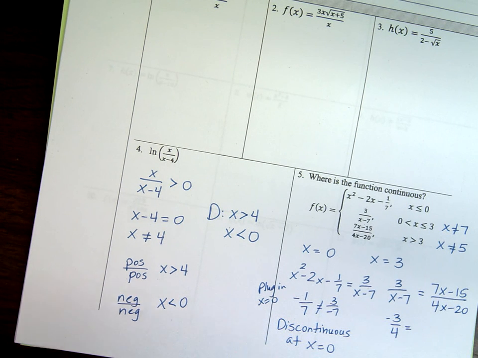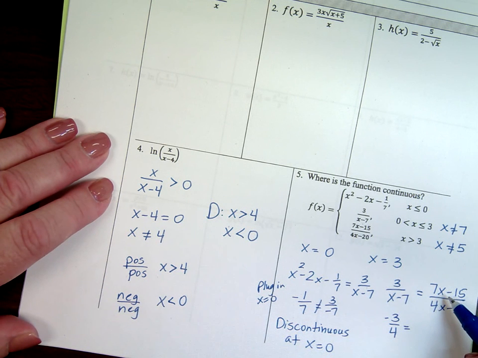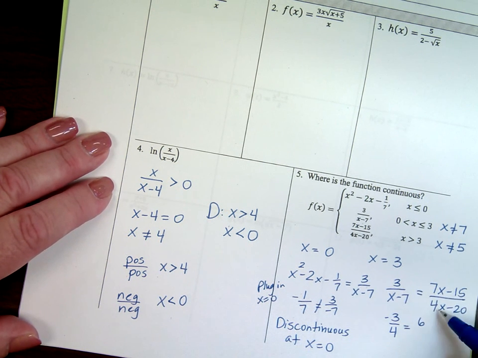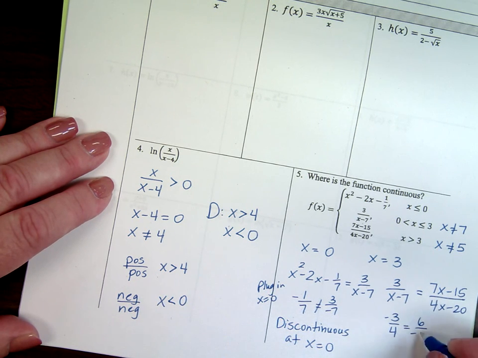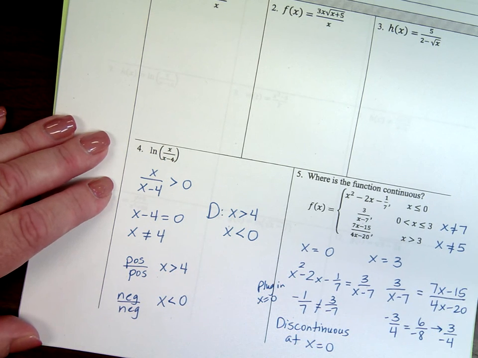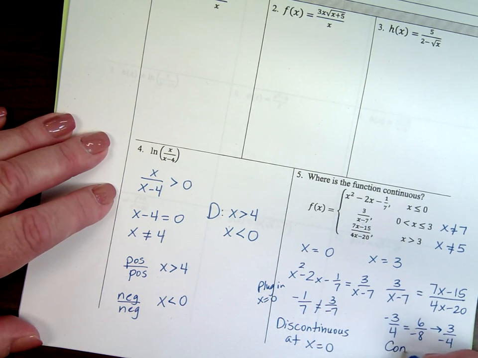If I let x equal 3 on the other side, I get 21 minus 15, so that's 6. And if I put a 3 in here, I have 12 minus 20, which gives me a negative 8. Are they equal to one another? Well, 6 over negative 8, if you reduce it, 2 goes into those, so there's my negative 3/4. So this place, it's continuous at x equals 3.